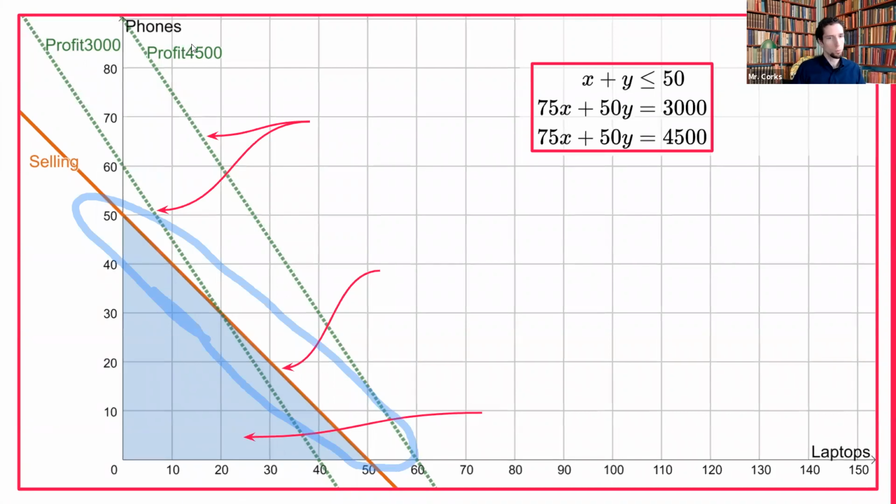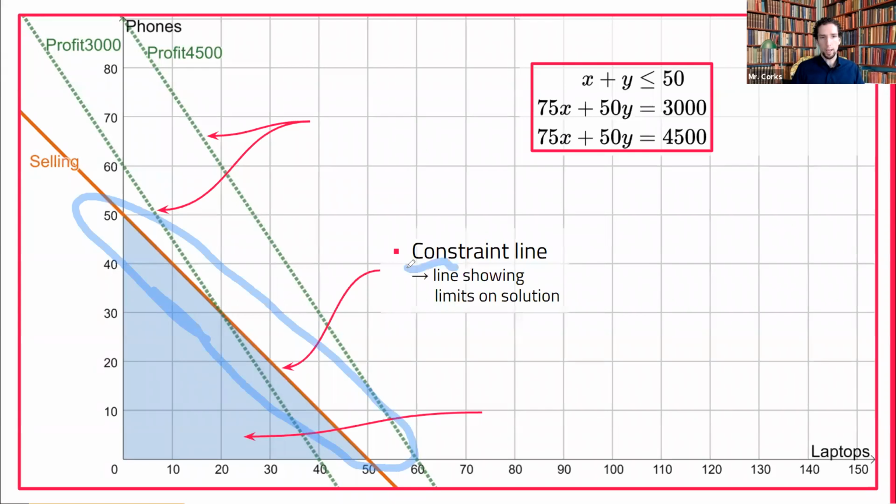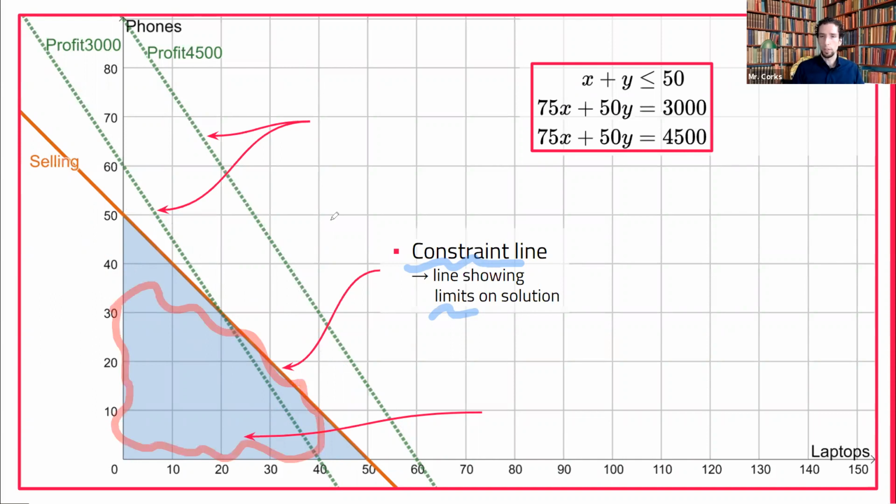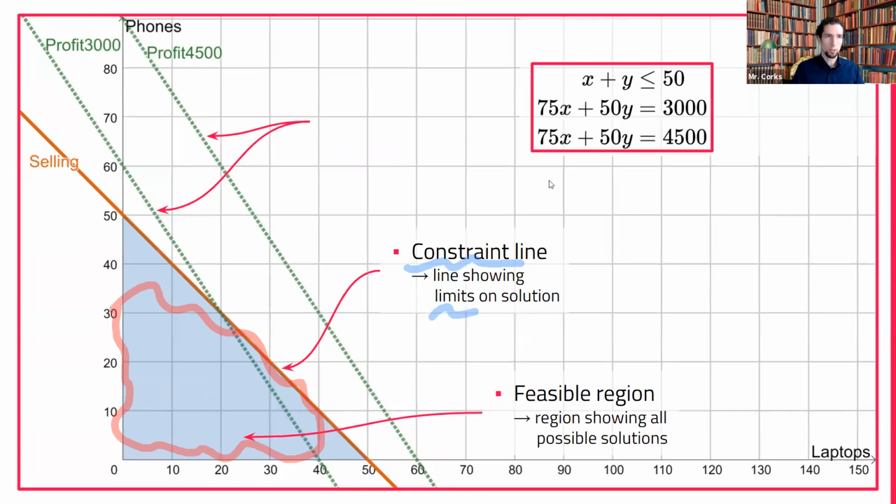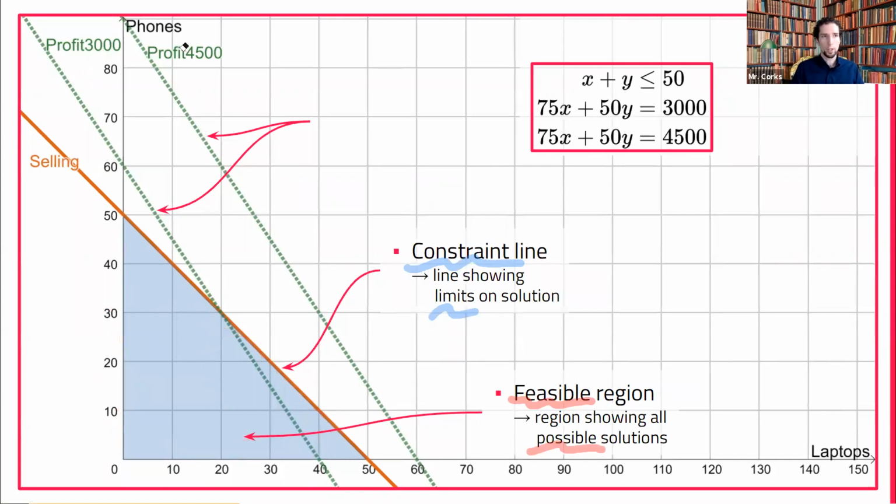Constraint again just means a limit. So from the constraint line, we can figure out what this area is that shows all of the different possible solutions. What's our name for that one? Feasible region. Blue area. Okay, feasible region. Feasible meaning possible. So that's the area showing all the different combinations of X and Y that could work.